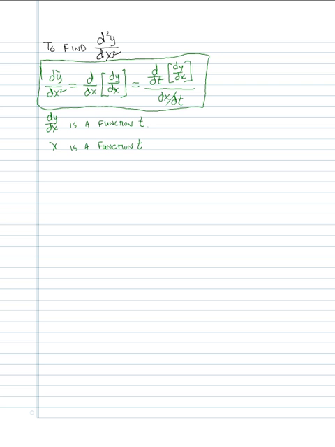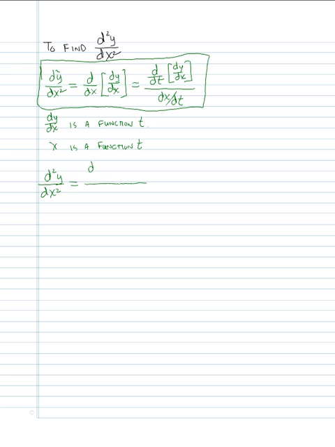Okay, well, back to our problem. In our problem, we're finding the second derivative of y with respect to x. And as just stated, that's the derivative of... okay, so here's what we've got. This is kind of a mess.